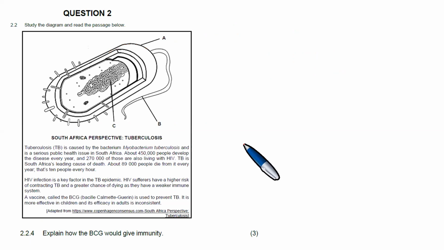Obviously we are looking at these very carefully, and this is big in South Africa because many people are dying of the disease. If you look at 2.2.4, explain how BCG could give immunity.